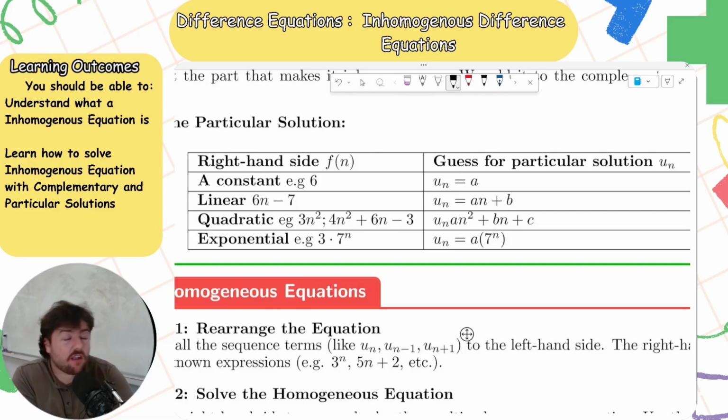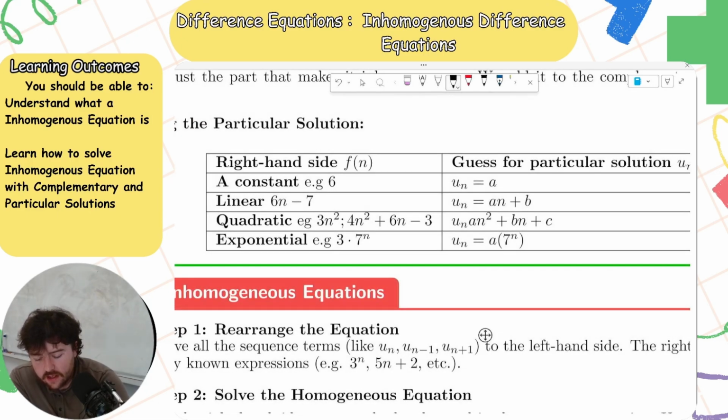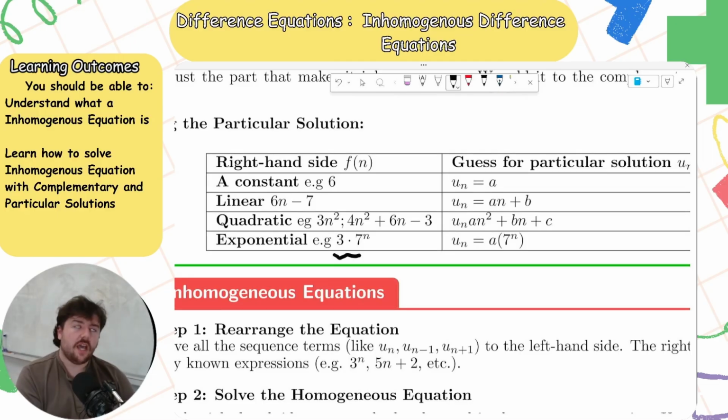If it's a linear function, so 6n minus 7, we then let u_n equal an plus b. If it's a quadratic, we let u_n equal an squared plus bn plus c. And if it's exponential, for example, 3 times 7 to the n, the particular solution will just be a times 7 to the n.